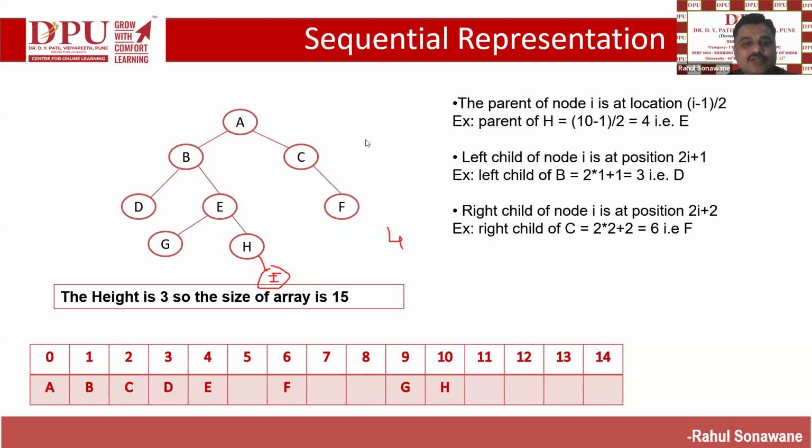Right? 2 raised to 5 minus 1. But how many elements are we storing? We are utilizing only 9 places or 9 elements. Okay. So within this example, you can clearly see that we have allocated 15 elements, right? But we are only using 8 elements. Okay. 8 elements.